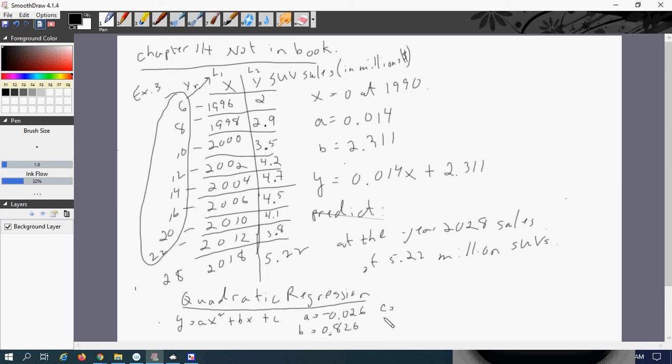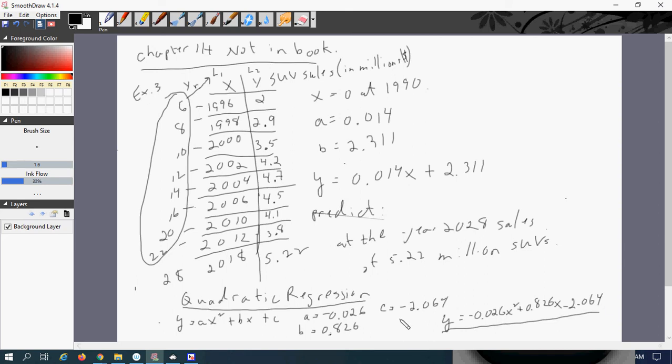And then c is going to be negative 2.064. So my final equation is going to look like this: negative 0.026x² + 0.826x − 2.064. And this is what I would end up typing into the homework or quizzes.